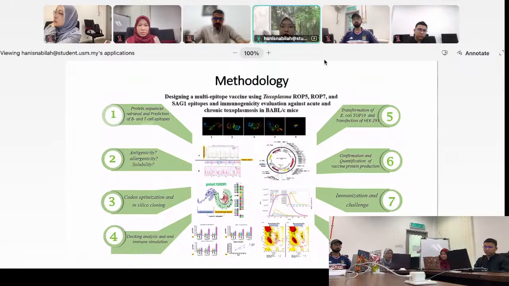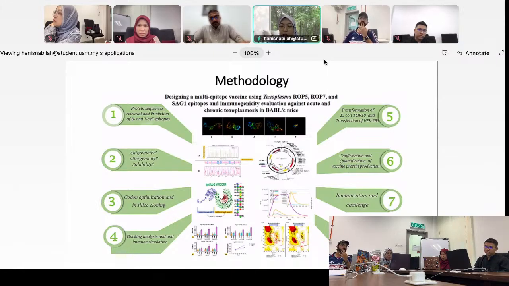For the in vitro part, they transform the plasmid into E. coli Top10 and transfect it into HEK293 cells.